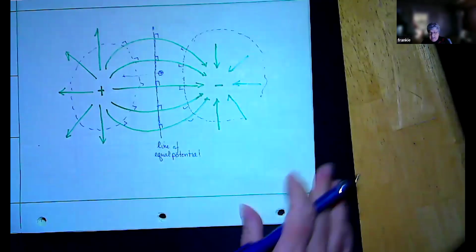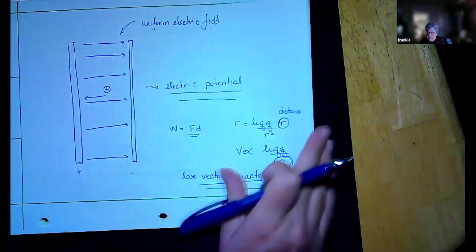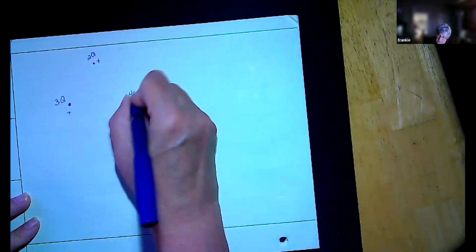But what's going to be nice now is if I'm looking at my electric potential, and I have this one and I have this one, and this is a negative charge, and this is a positive charge. Here's my positive test charge. And we're going to say that this is 3Q, this is 2Q, and this is 4Q, but it's negative.